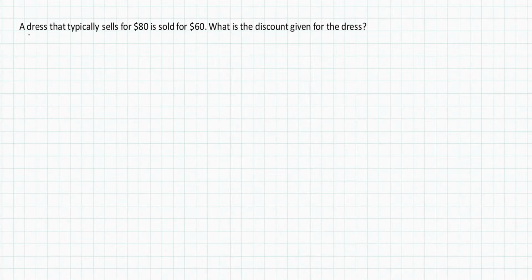So a dress that typically sells for $80 is sold for $60. What is the discount given for the dress? So here we know that our discount is going to be original price minus our final price.